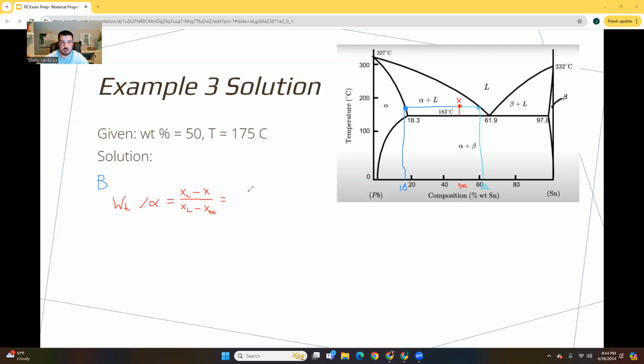This will give us our percentage on this side of the diagram.